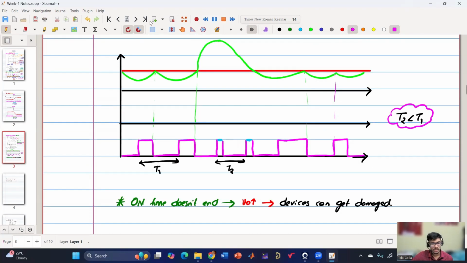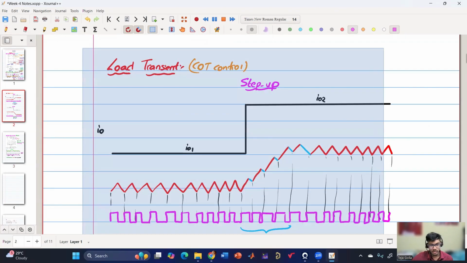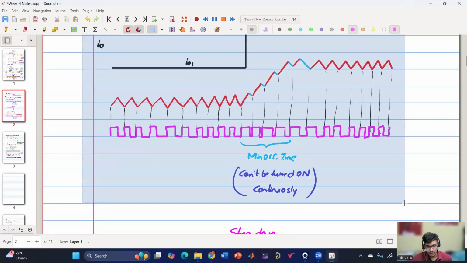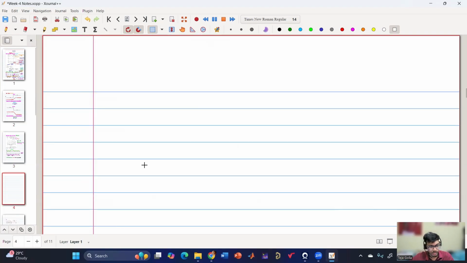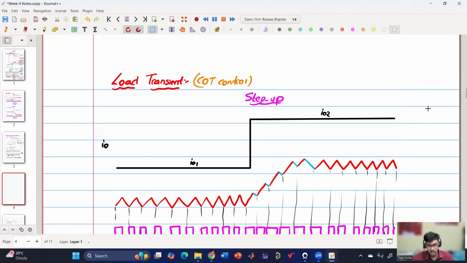Similarly, I will take this figure. I will paste it here. Okay. So now we are doing constant off-time control, which is also sometimes called COFT control.